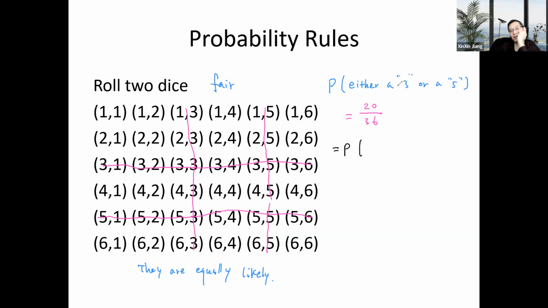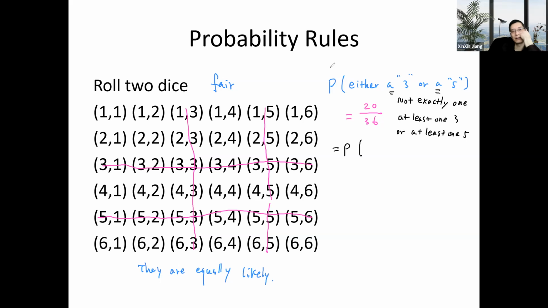Either a 3 or a 5, would that be okay? Not exactly one of them. That's what I mean. So maybe I should say either at least 1 3 or at least 1 5. That would be clear. Okay, that's what I mean.